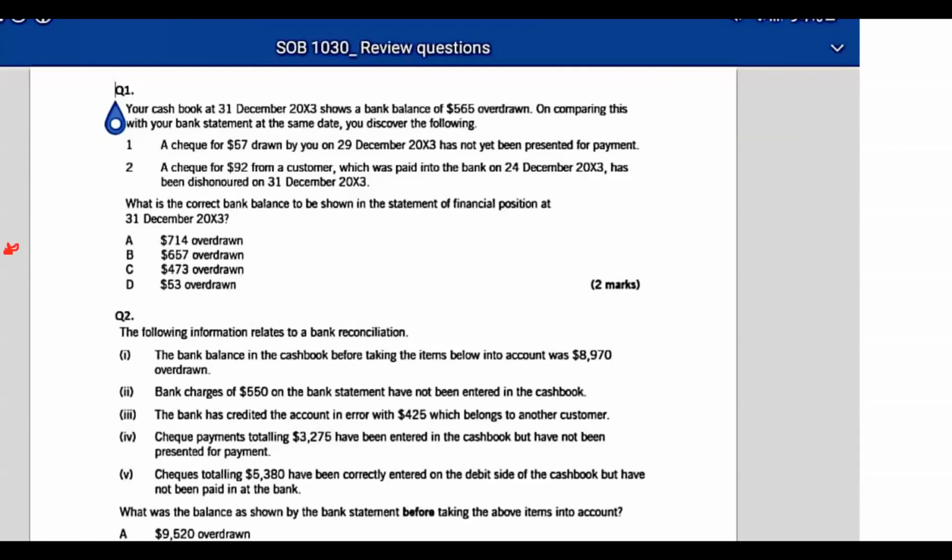Just looking at the question there, where they say, what is the correct bank balance to be shown in the statement of financial position? Here they are meaning it from the debit side, but we can also find the same answer using the book side, on the credit side.